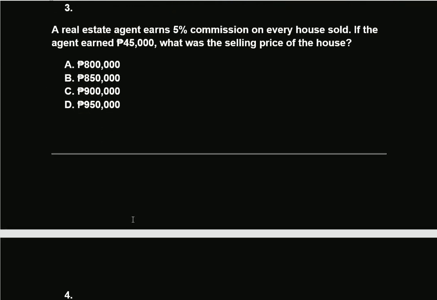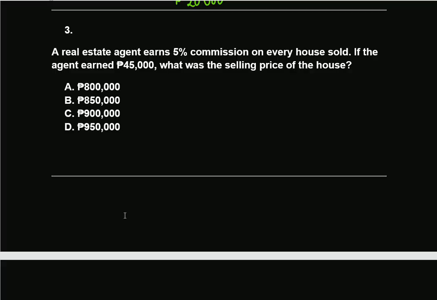Next, number 3. A real estate agent earns 5% commission in every household sold. If the agent earned 45,000, what was the selling price of the house? Okay, so they are asking this time for the selling price. So for the selling price, that will be commission.